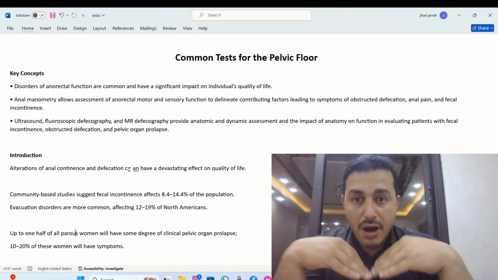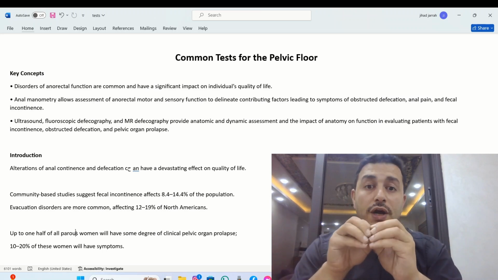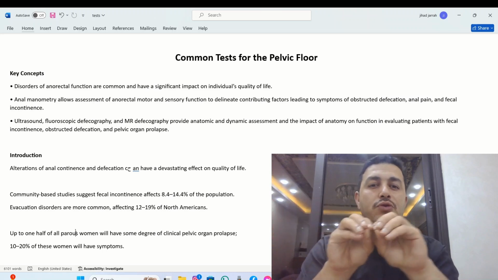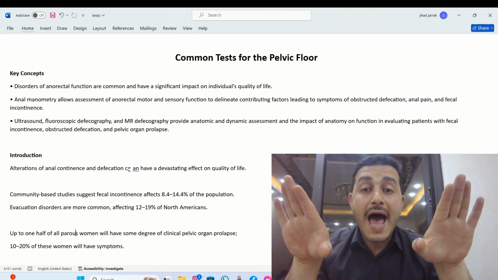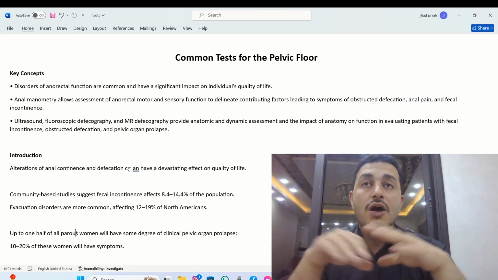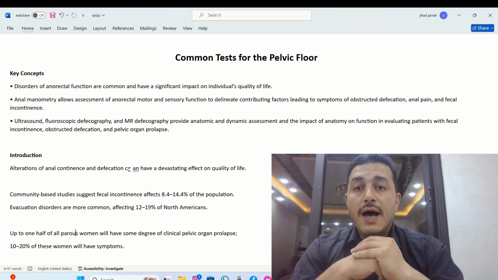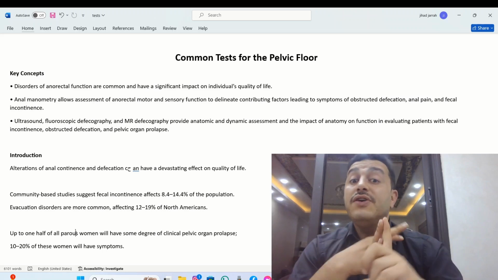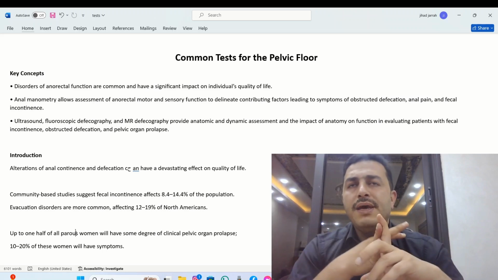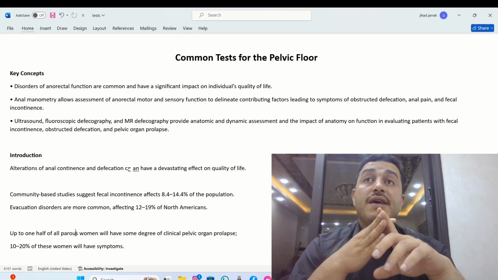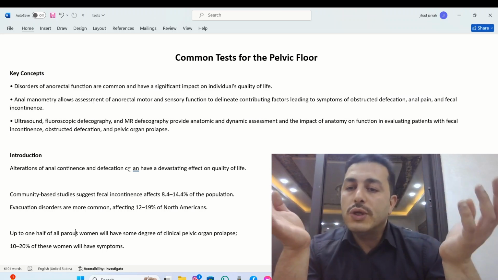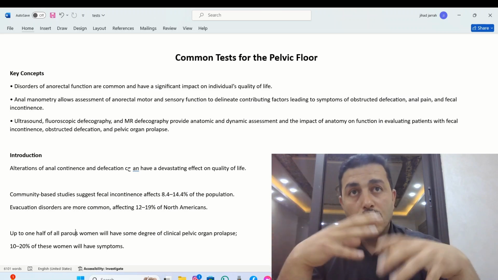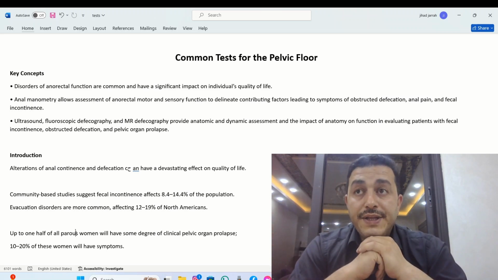So we have another group of tests that focus not on sensory and motor innervation, like manometry, but on the structural anatomy of the pelvic region, such as ultrasound and defecography. Defecography can be MR defecography, evacuation defecography, or what we call fluoroscopic defecography. So we also have these tests.